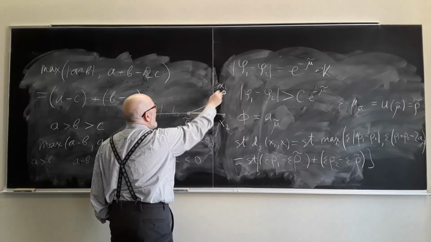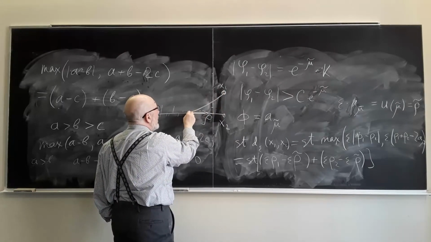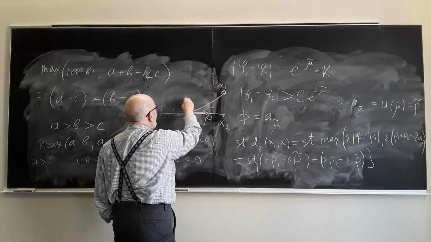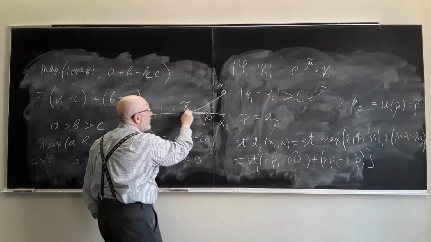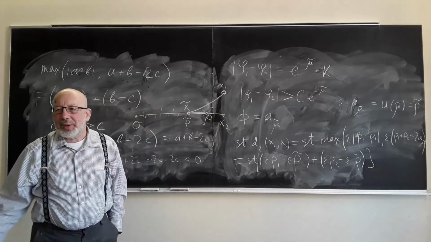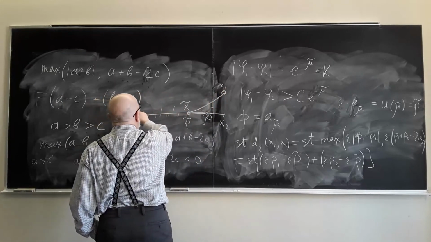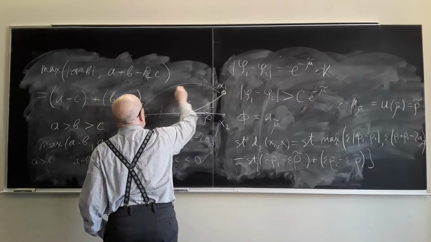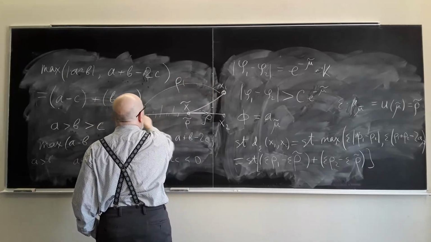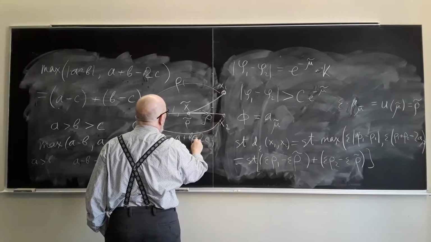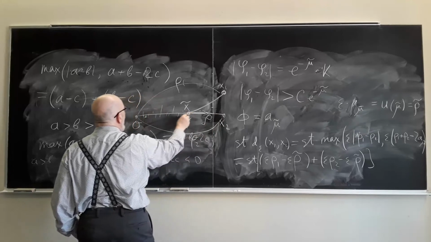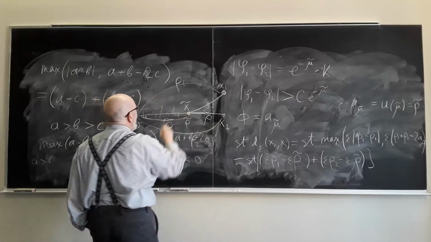We have first to go from x1 to this point x twiddle, and from x twiddle to x2. Yeah? So this is the distance from 0 to x1. It is rho 1, this is rho 2, and this is rho twiddle.